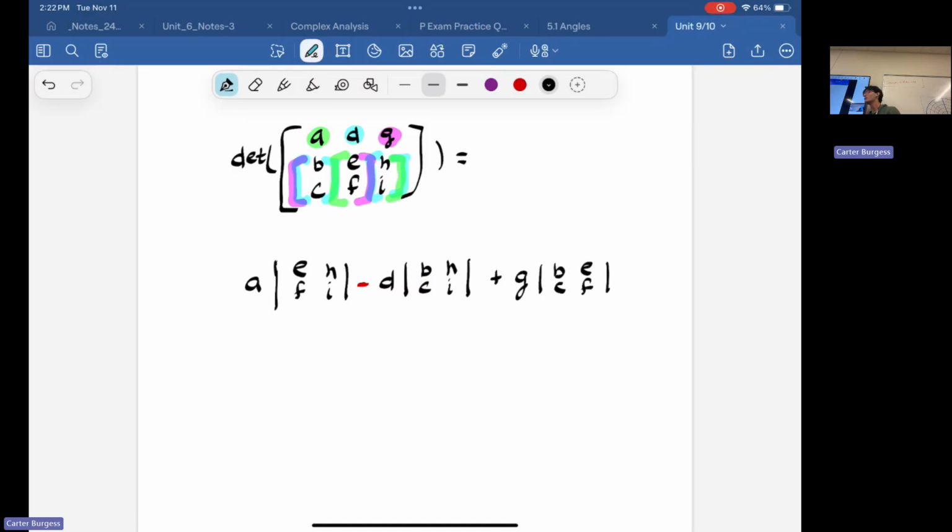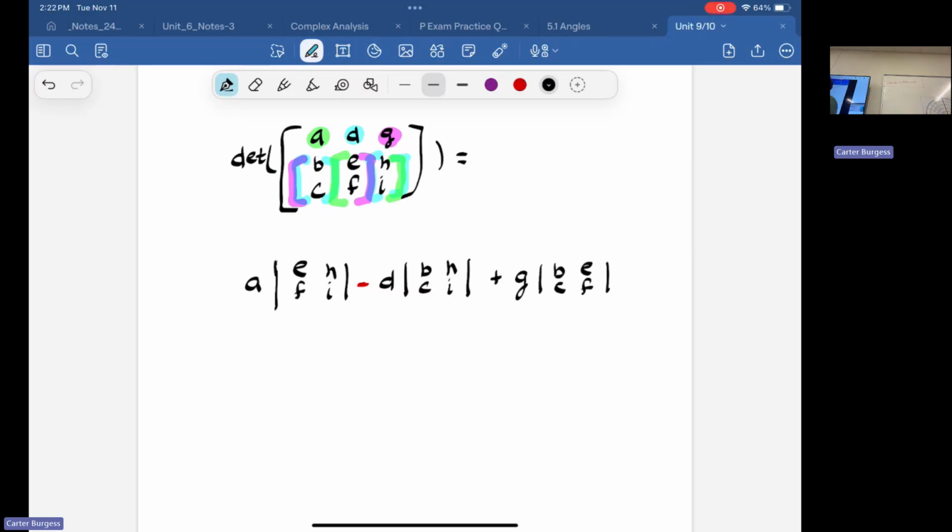A 4 by 4 would be the exact same process. You pick a row, you work your way through the columns, you alternate plus minus as you go, and you would get 4 3 by 3s, each of which you would then need to reduce down to 3 2 by 2s, which you could then evaluate.